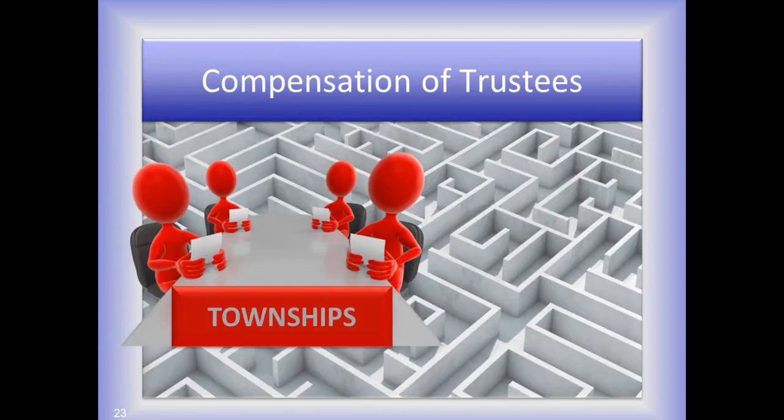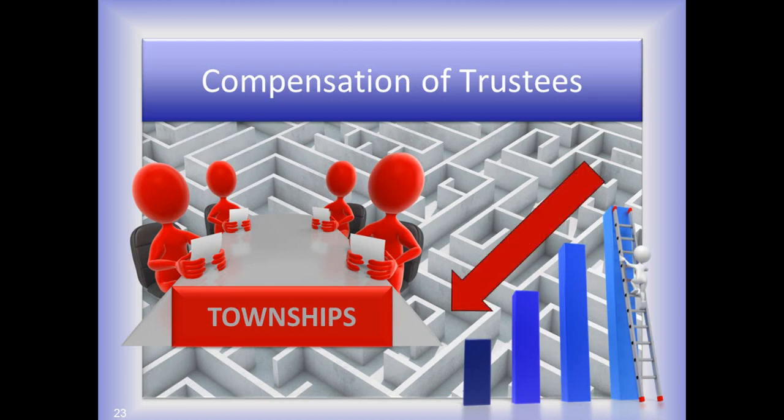Compensation of trustees. If you are a municipality or library fiscal officer, you can ignore the next few slides. Take a breather. Township trustees are compensated on either a per diem basis, which is a paid amount for a day of service, or an annual salary basis. The controlling factor for the amount of compensation is the township budget, not actual receipts and expenditures.